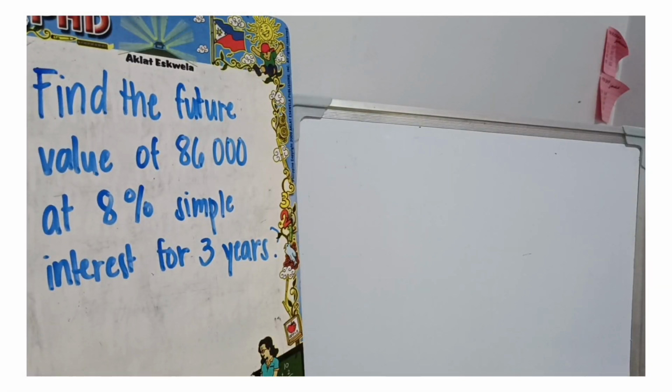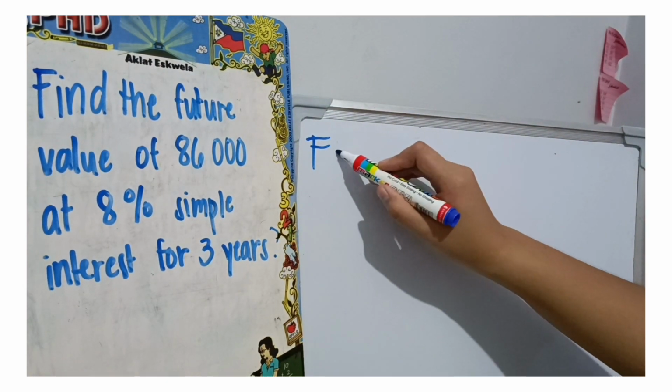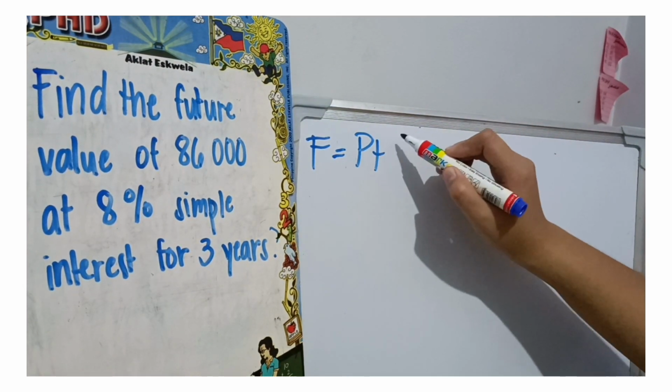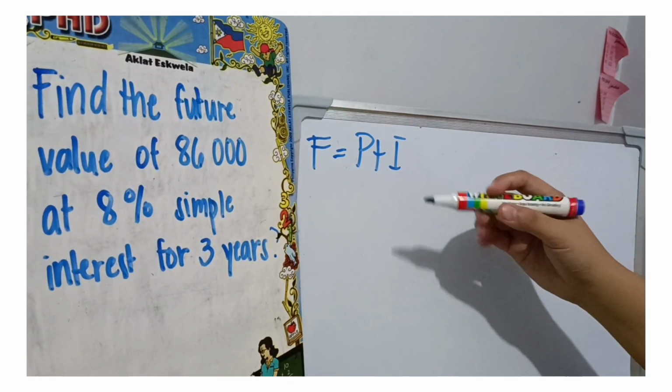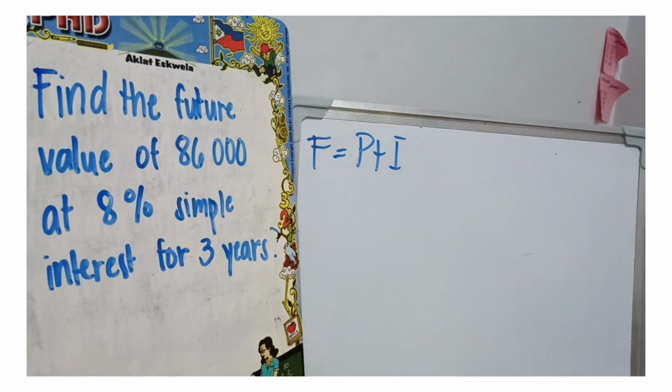So, our problem is: find the future value of 86,000 at 8% simple interest for 3 years. What we are looking for in this problem is the future value, or the maturity value. So, our formula is F = P + I, where P is 86,000 and I is missing.